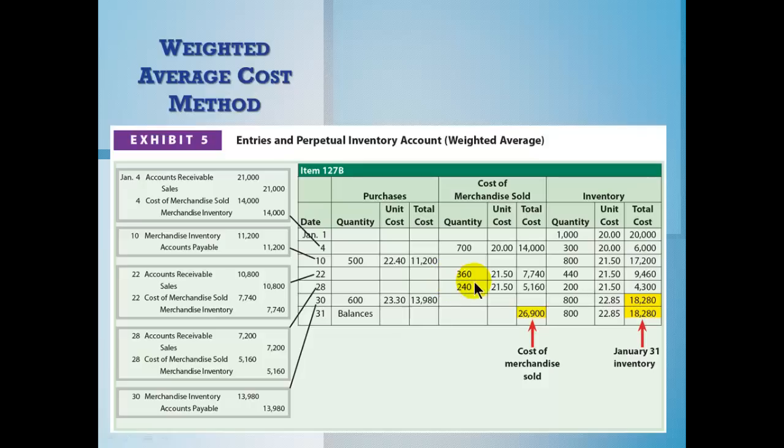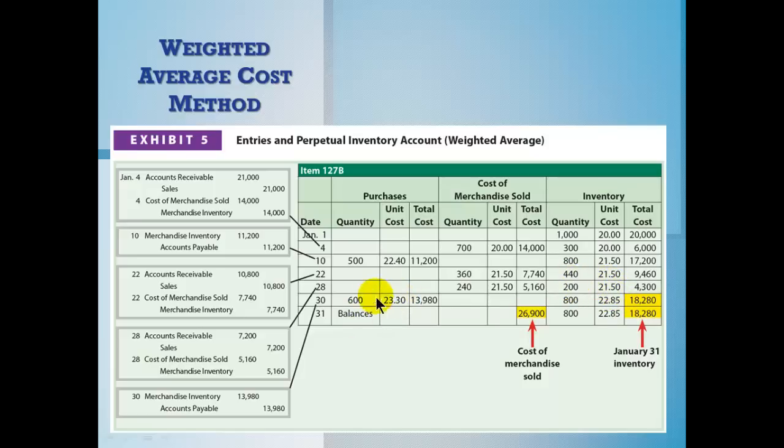And then you have these sales, the sale of 360 items, and then about a week later a sale of 240 items, and you're pulling those out at that weighted average. Remember, you only compute a new weighted average when you make another purchase. And that's what happens here. You purchase 600 items at 23.30. Now you're going to have to average that. You have 21.50 at 200 items.